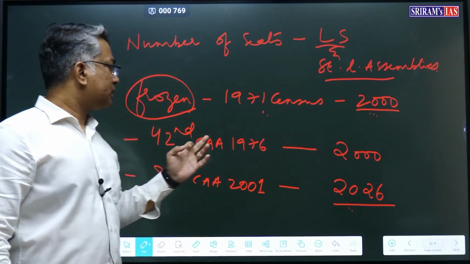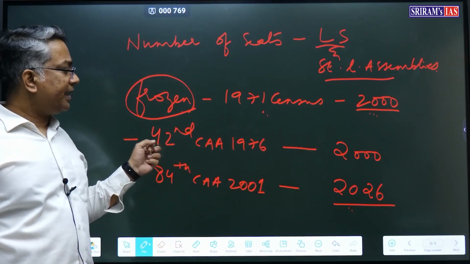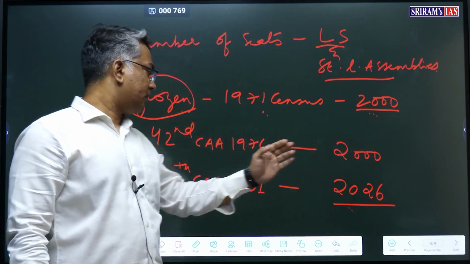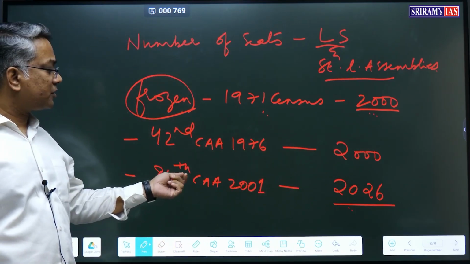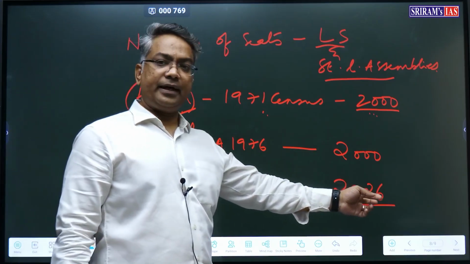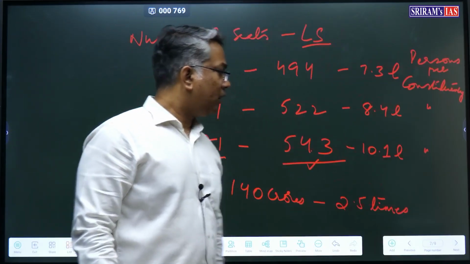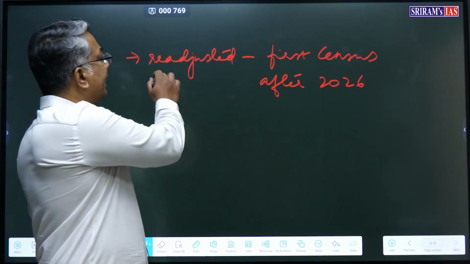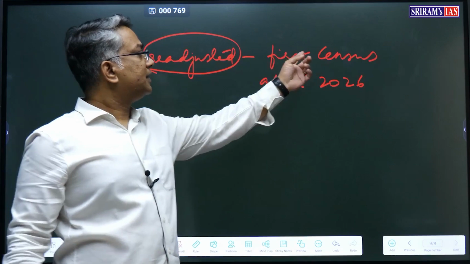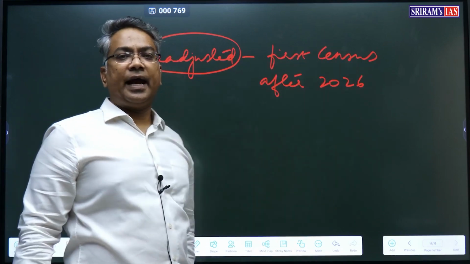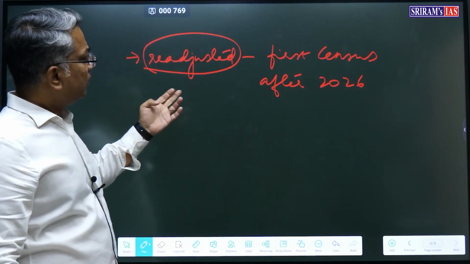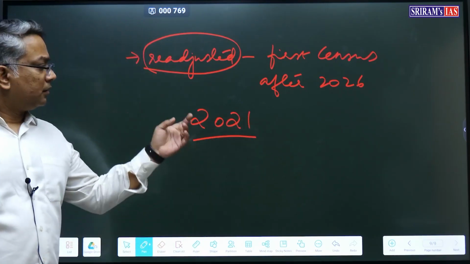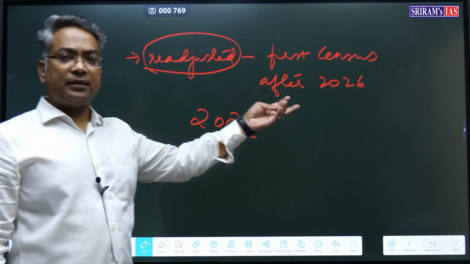This was brought about by the 42nd Constitutional Amendment Act 1976 till the year 2000, and it was further extended by the 84th Constitutional Amendment Act 2001 till the year 2026. Now it will again be readjusted after the census following 2026. As you all know, the 2021 census has been delayed due to the COVID pandemic and also other reasons. Okay.